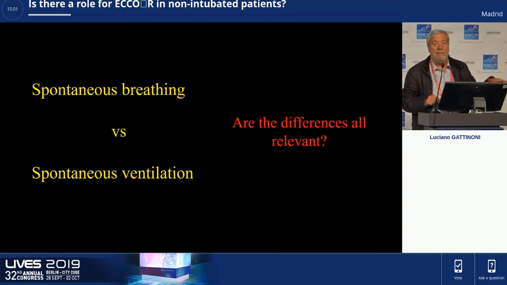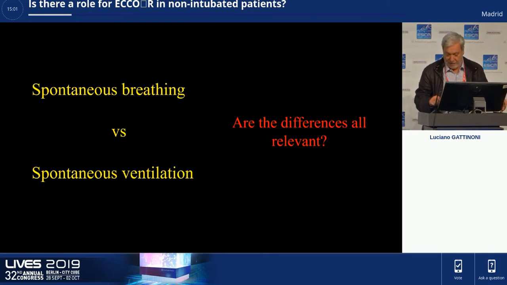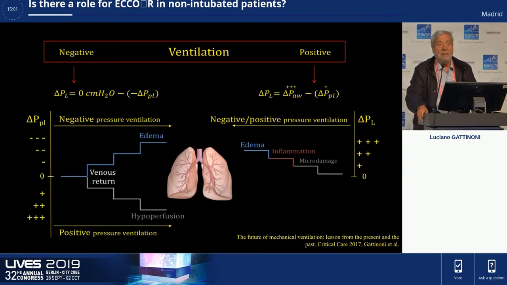The mention of perfusion was done with the self-inflicted lung injury, which is an old story. I think it was first described in 1936 by Barak, who prepared a model of rabbits in which the trachea was restricted and it was generating edema because of the negative pressure generated by these poor rabbits trying to breathe.